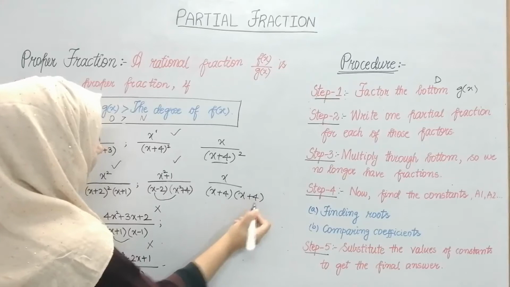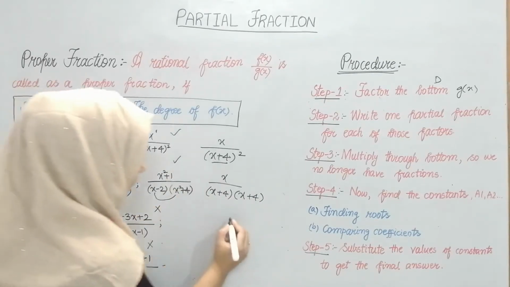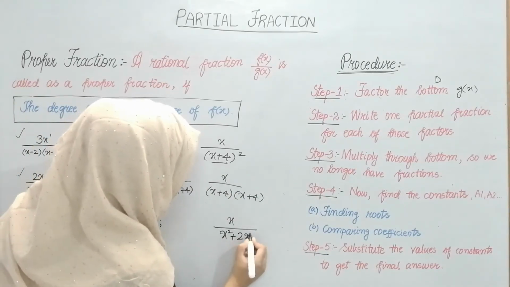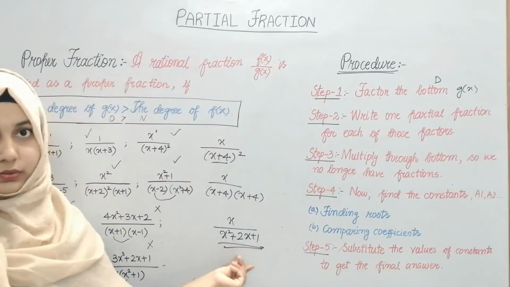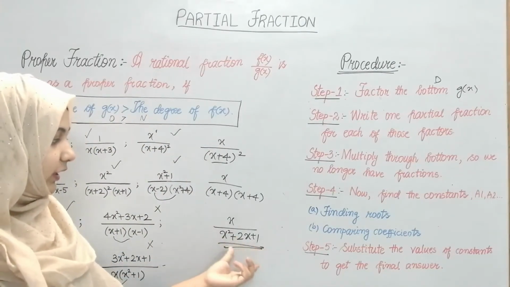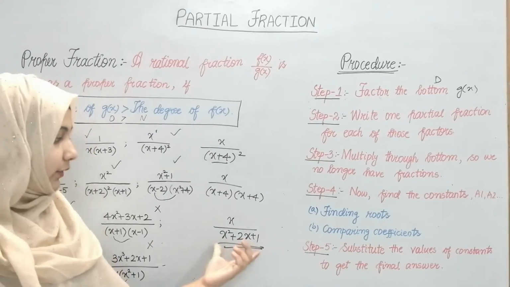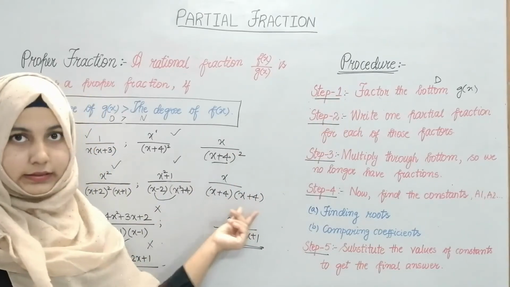But if the example is like this, x square plus 2x plus 1, here we need to factorize. If we are given a polynomial, we need to factorize this polynomial in order to get the factors like this.